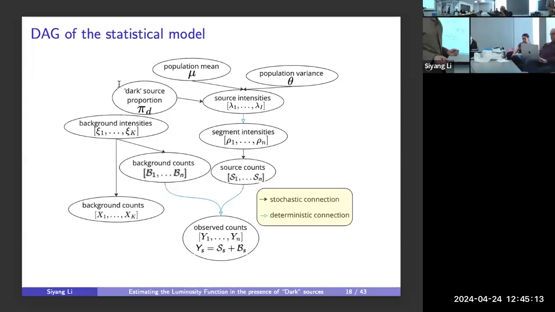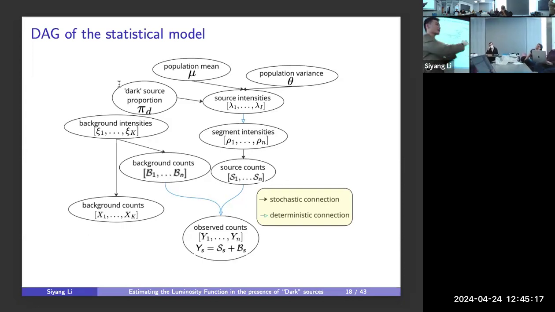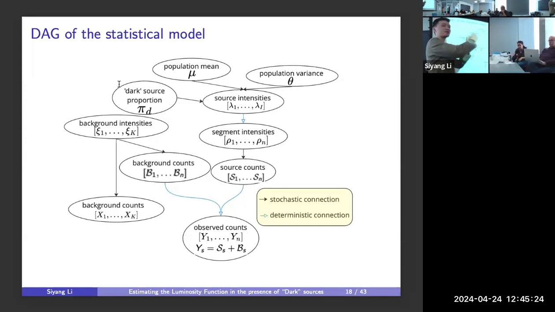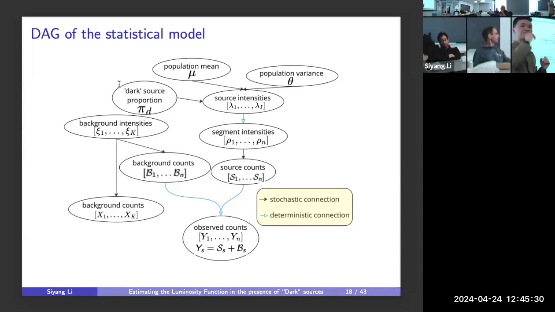Sorry, what exactly was the pure background? Pure background is just a region that's outside of our population of sources of interest, and we measure the X-ray counts in that region. The region where we know there are no stars. Which does not in reality mean that there are no stars, but the region where we know there are no stars.